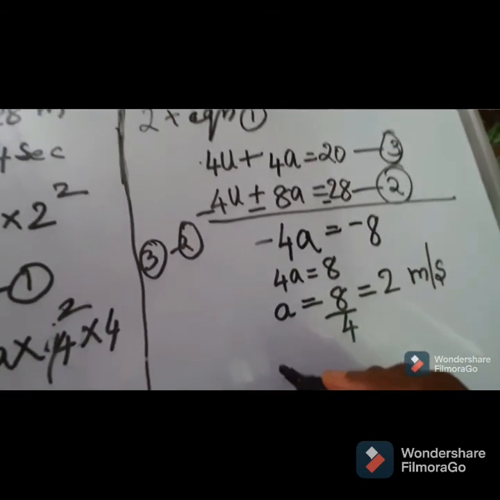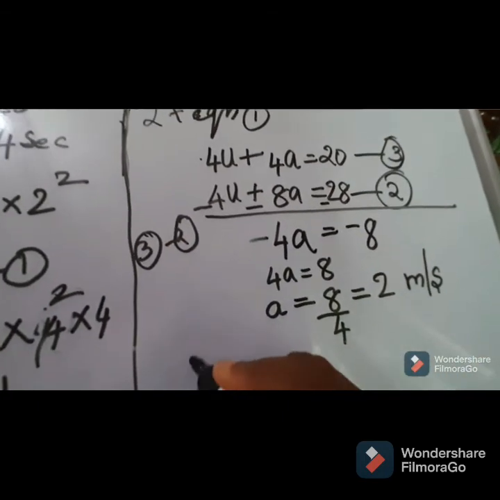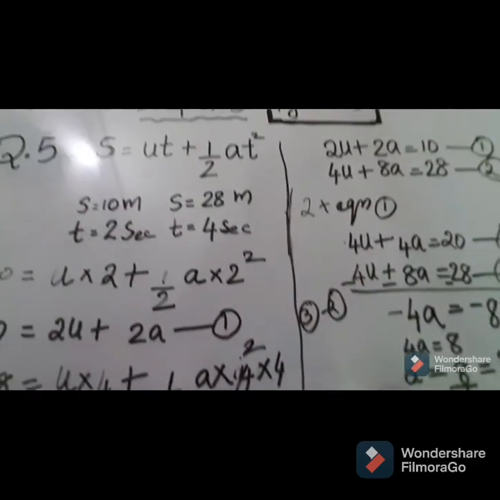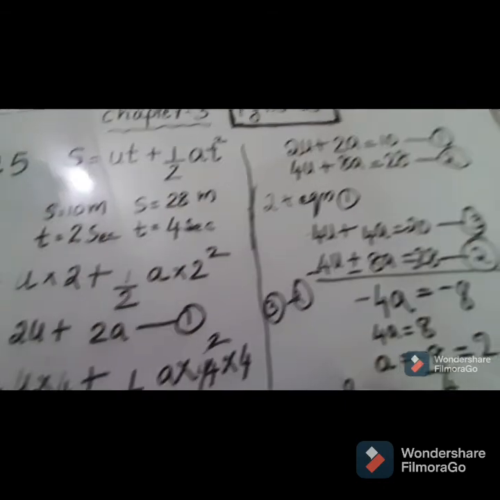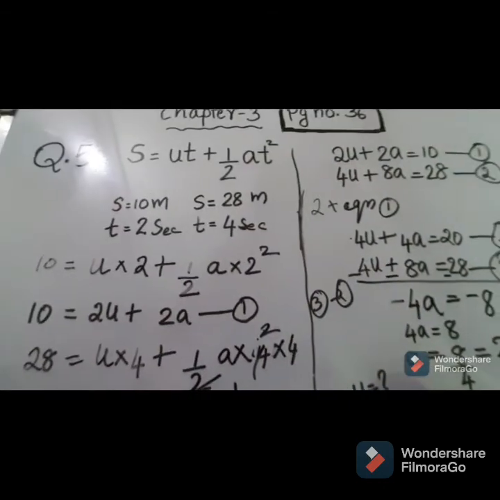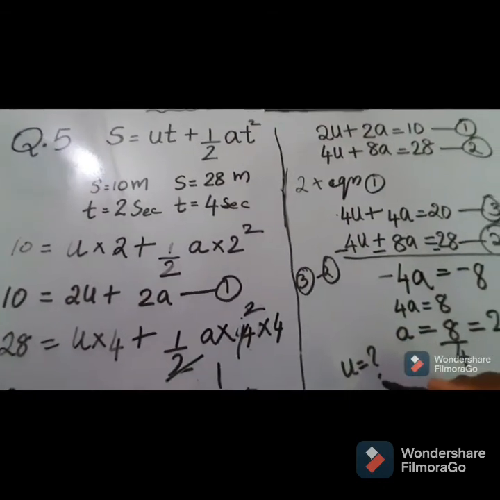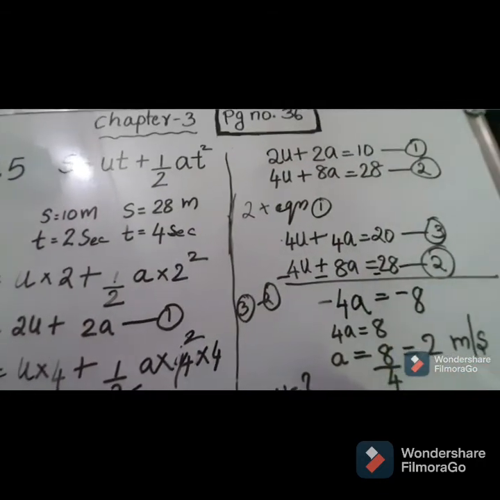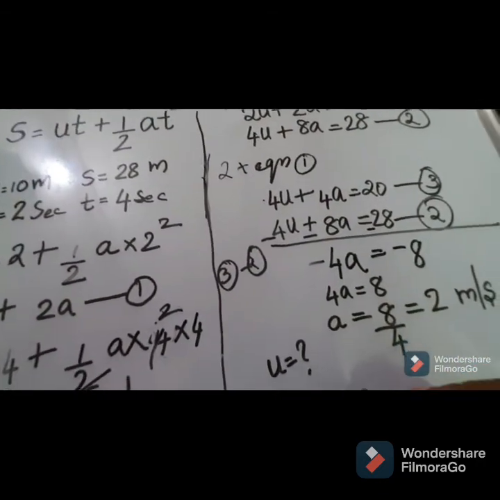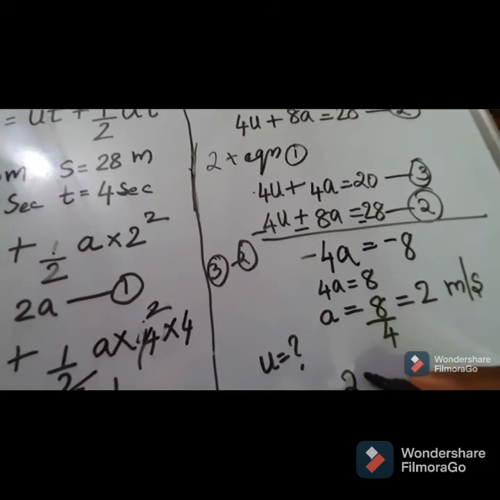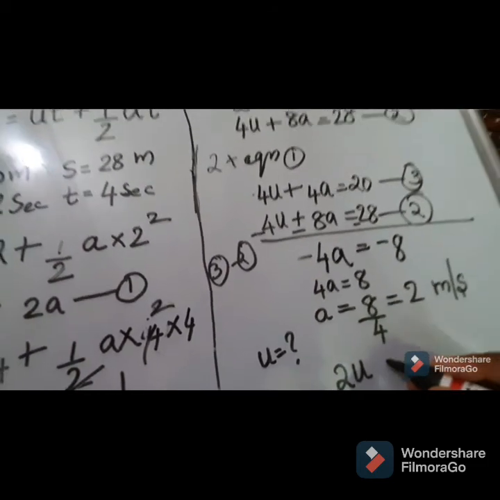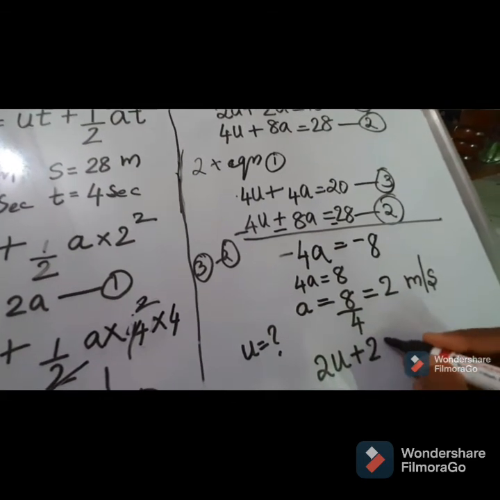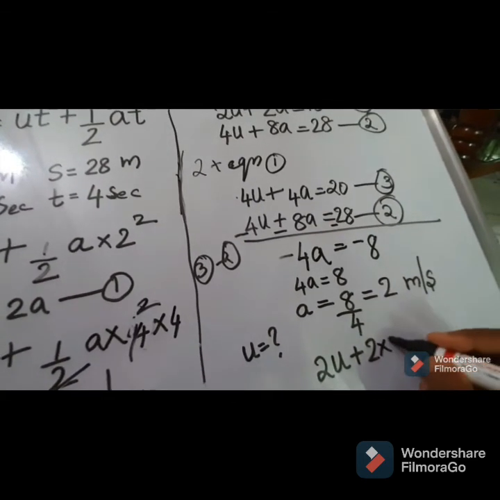Now we want to find u. In any equation we can apply. So here there is the first equation: 2u plus 2a equal to 10. We don't know u, and a is 2.